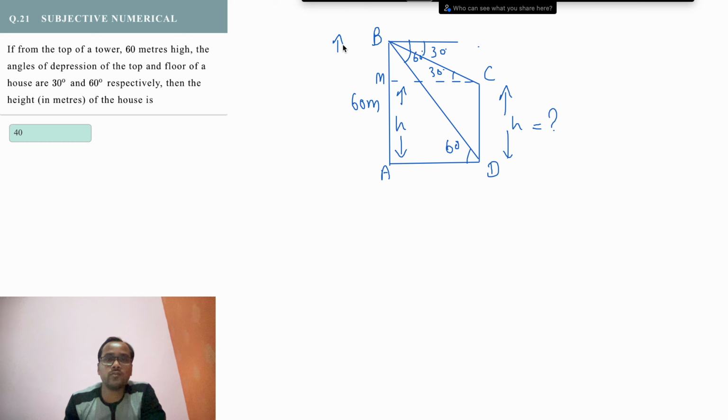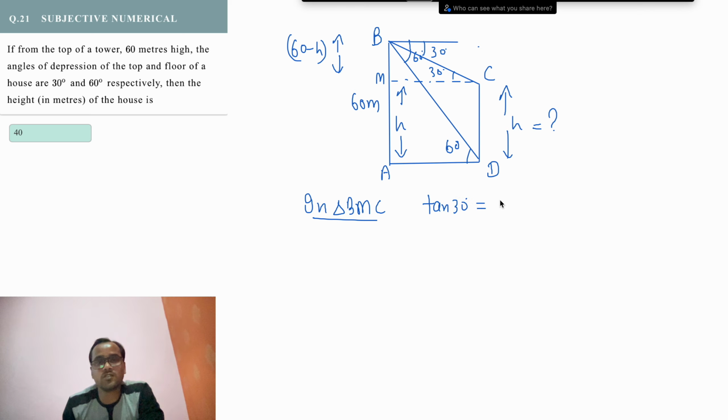So BM will be equal to 60 minus h meter. So in the triangle BMC, if you use trigonometry, you can find the CM value. So use tan 30 is equal to 60 minus h upon CM. So CM will be equal to 60 minus h upon root 3.